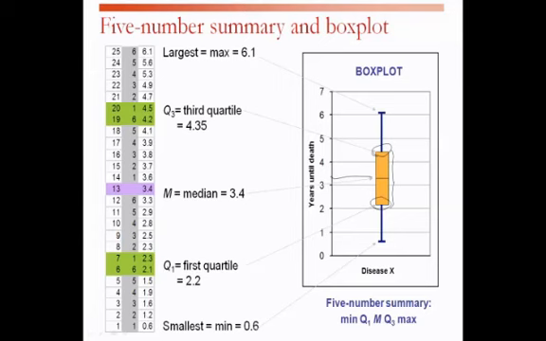Now, normally, this point here is the minimum value in the data set, and this point here is the maximum value. Sometimes you will get a point above the whisker, something like a star. Those are normally outliers, or values which are very different from the rest of the data set. I'll show you an example of that.